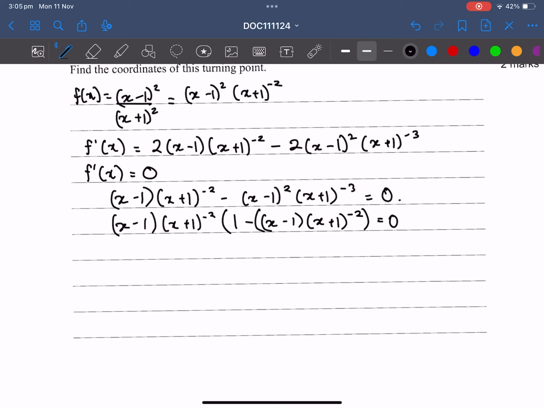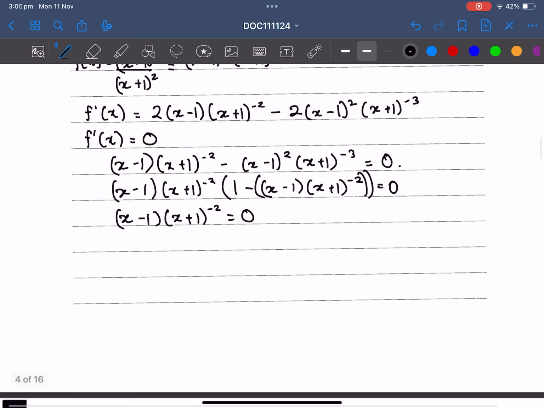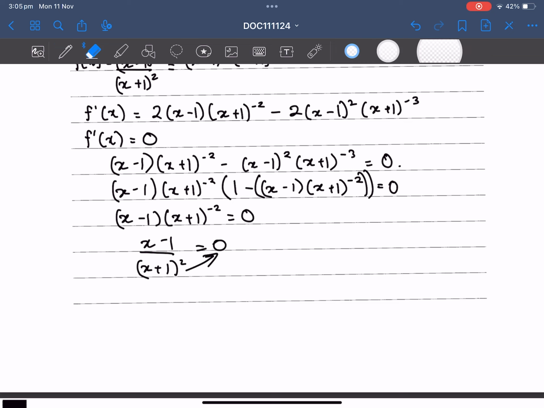Actually, I'm just going to add an additional bracket so that I don't get confused later on. So the next step would be (x minus 1)(x plus 1) to the power of minus 2 is equal to 0. We can write this as (x minus 1) over (x plus 1) whole squared equals 0, so this would just become 0.